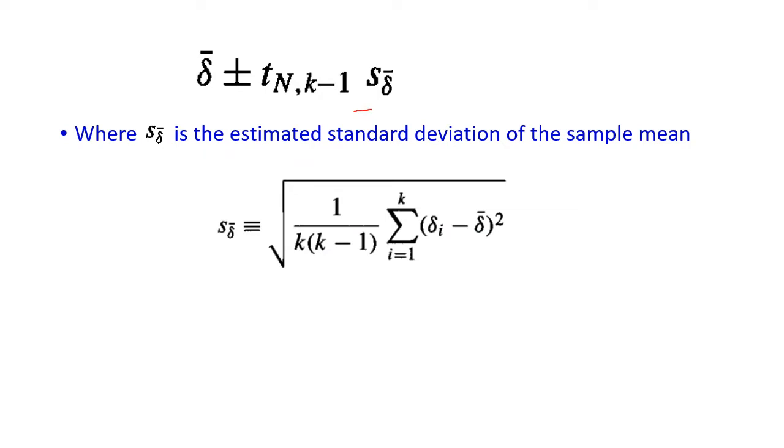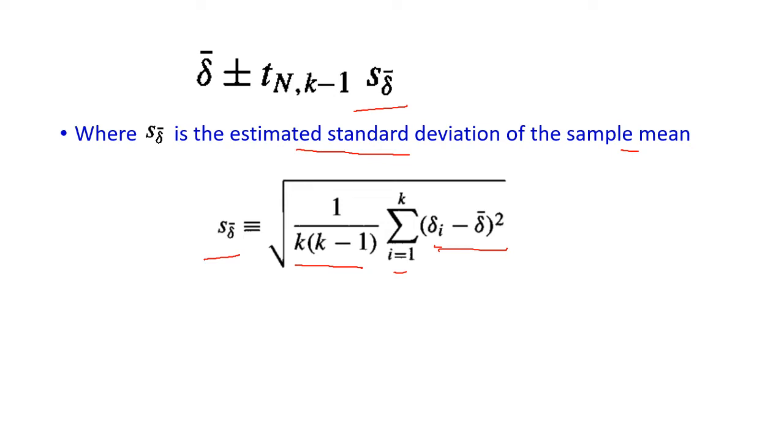The other parameter in this equation is s of delta bar, which is the estimated standard deviation of the sample mean. Now let us see the formula for s of delta bar, that is the estimated standard deviation: root of 1 by k into k minus 1 summation of i equal to 1 to k of delta i minus delta bar whole square. This is the standard deviation formula normally.